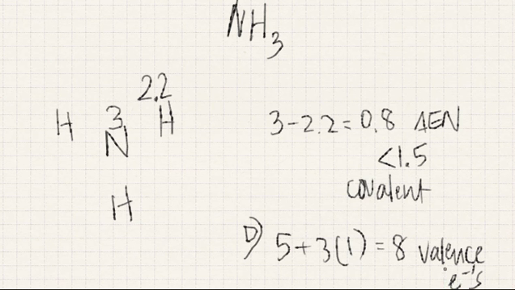So is this a hypovalent, hypervalent, or an octet? Well, in this situation, this will be an octet because nitrogen will want 8 electrons. So will there be multiple bonds or resonance?